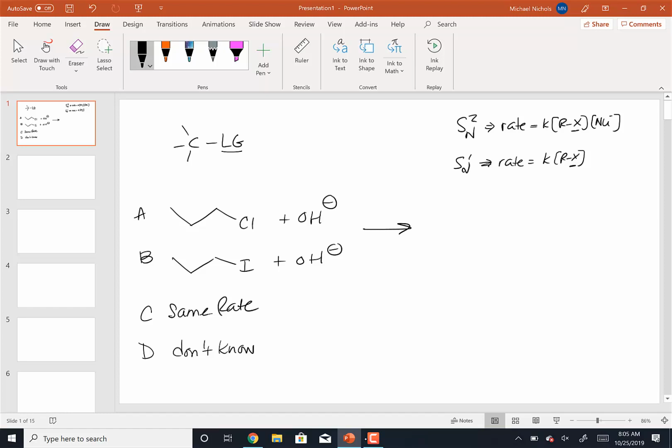If you need a card, I've got extra cards up here if you didn't bring yours, so that you can play along. Okay, your choice is A, that A is faster, B is faster, they occur at the same rate, or don't know.